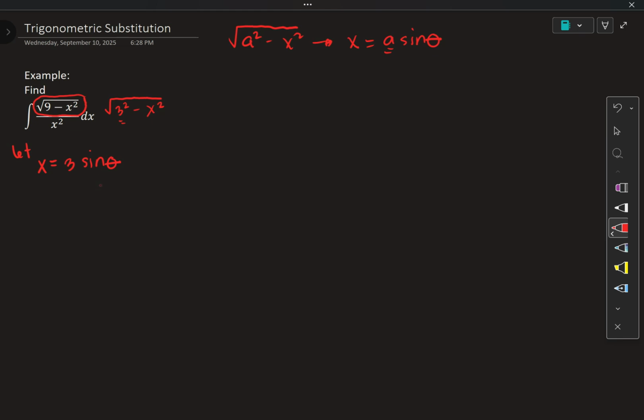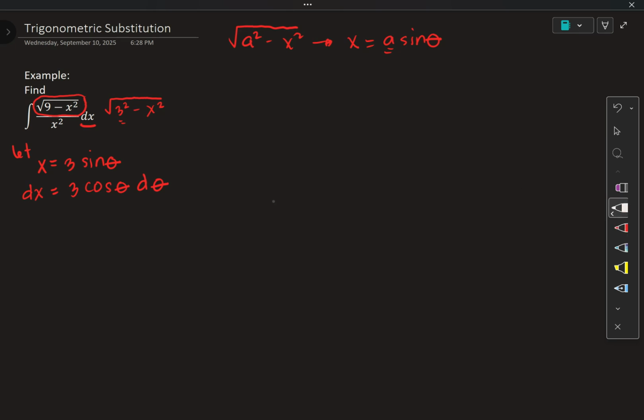And of course, let us not forget the dx. To find dx, we are just going to differentiate x, which is the derivative of 3 sine theta, that is equal to 3 cosine theta d theta. This x and dx, we are going to substitute into our given integral.